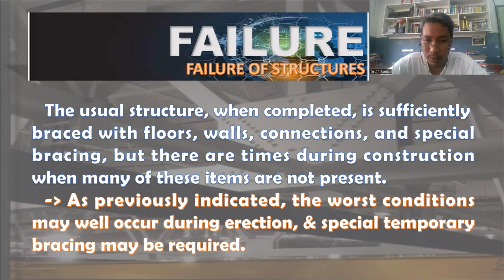As previously indicated, the worst conditions may well occur during construction, and special temporary bracing may be required. So because we know that these are still, we neglect that they need forms or false works. So bracing, such, one example. Support.